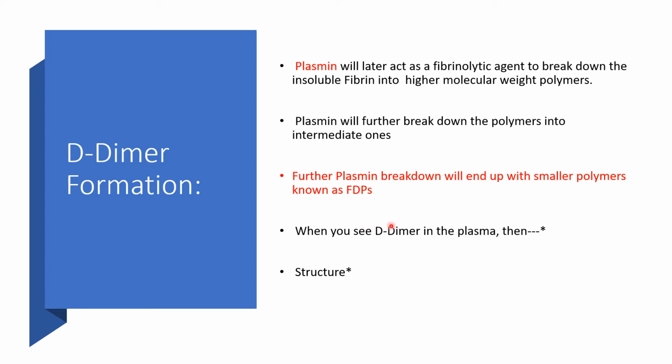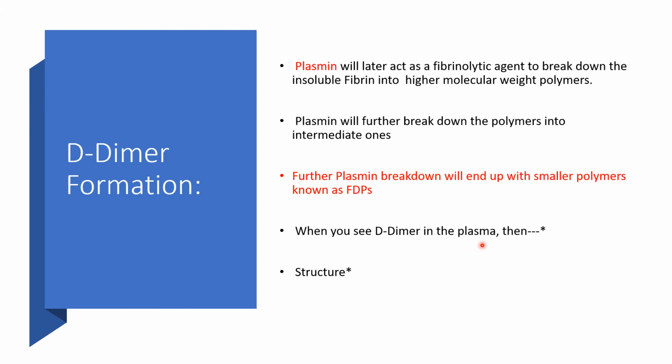When you see D-dimer in the plasma, then you should know that coagulation must have already taken place, and that must have been as a result of thrombosis somewhere or DIC. But many other conditions are responsible, so we'll go over that later on.